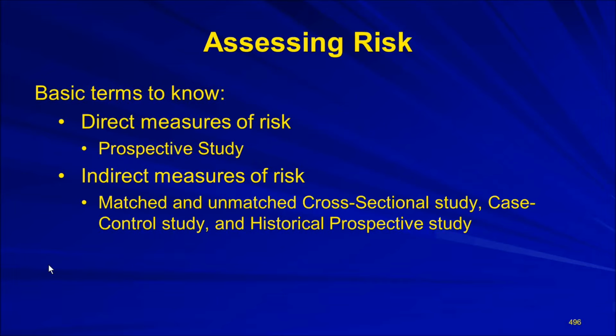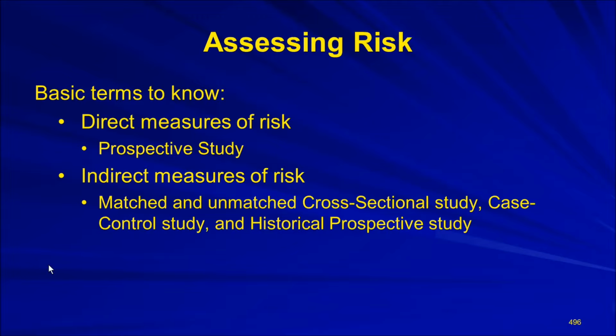Okay, so you can see that the Cadillac, the gold standard, is a prospective longitudinal study, and it is a direct measure of risk. And which is best? Of course, a prospective study. And which is best, direct or indirect measures of risk? Of course, direct measures of risk from a prospective study are the best.